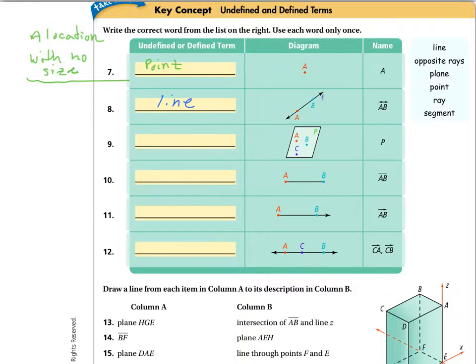And a line contains at least 2 points and extends in 2 opposite directions infinitely.